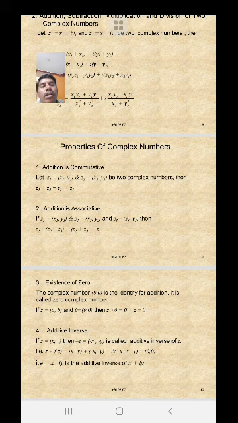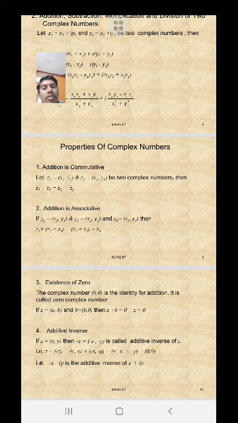So addition is commutative and addition is associative. Existence of 0: if z is (a, b) and 0 is (0, 0), then z plus 0 equals 0 plus z equals z.